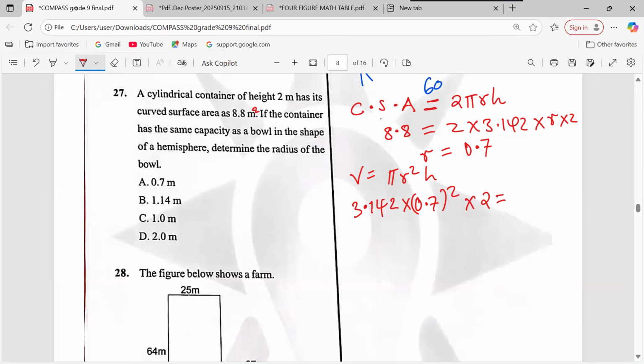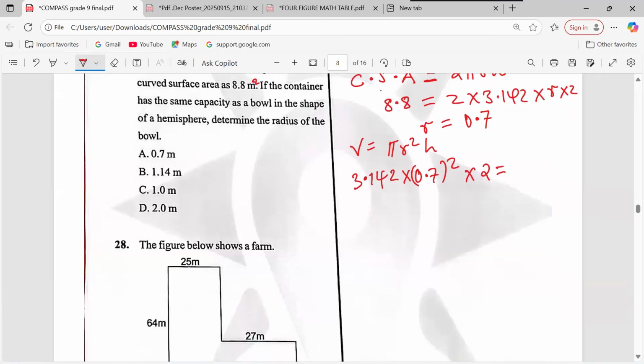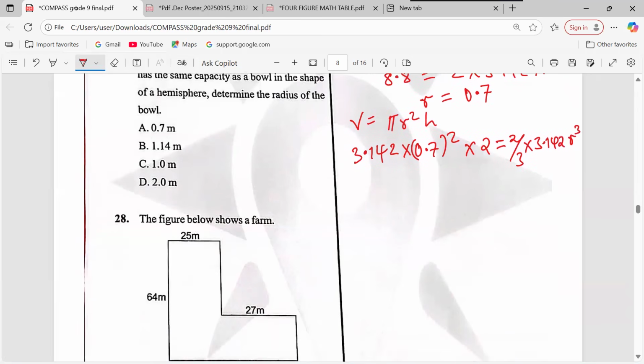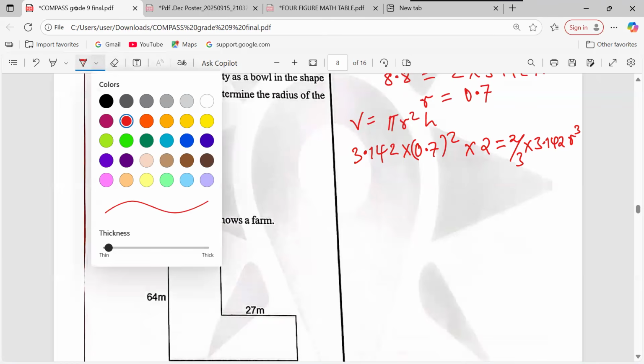And you know, a ball is hemispherical in shape. Therefore, the volume is 2/3 pi r to the power 3. That's how we get the volume of a hemisphere. So at this point, ladies and gentlemen, allow me to apply math.